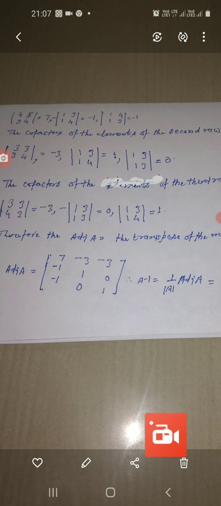So we have the cofactors of the elements of the first row, second row and third row.